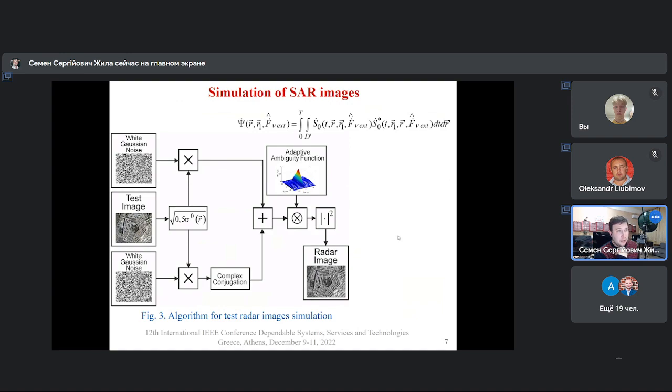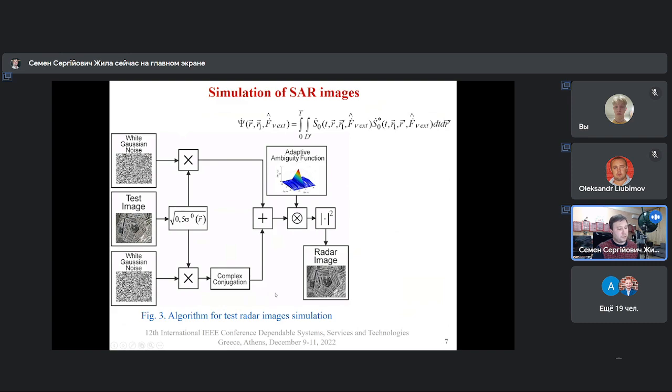And if the scattering coefficient of the surface is high, so it contains a lot of information about objects, then let's send a higher energy level in that direction. This is one approach to constructing a synthetic aperture cognitive radar.